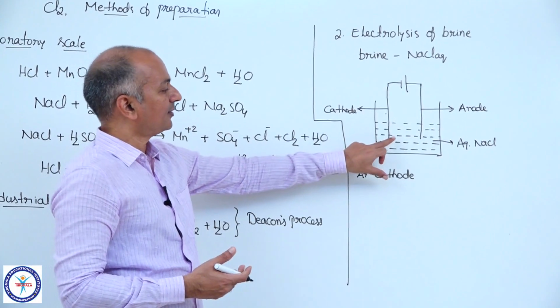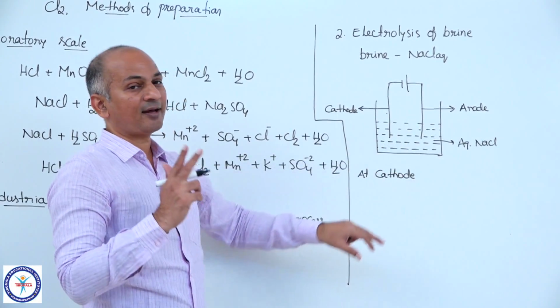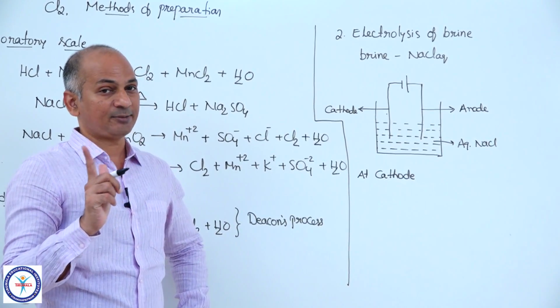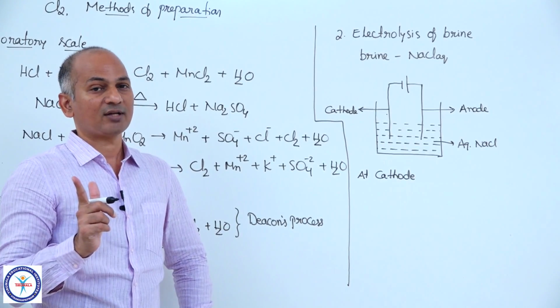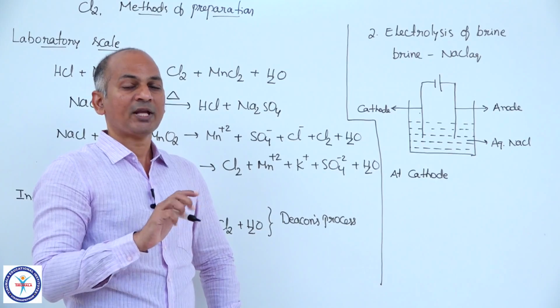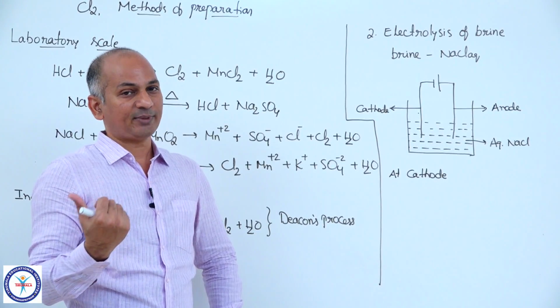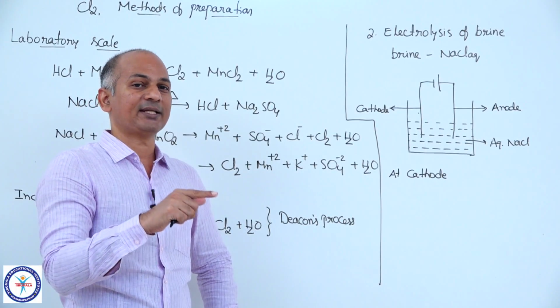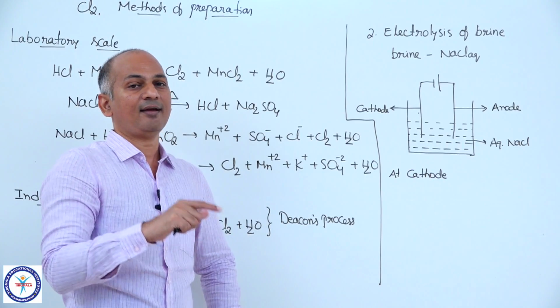And actually in aqueous NaCl there are two cations: one is H plus, which is coming from water, and another one is Na plus coming from NaCl. Similarly, there are two anions, OH minus coming from water and Cl minus coming from NaCl.